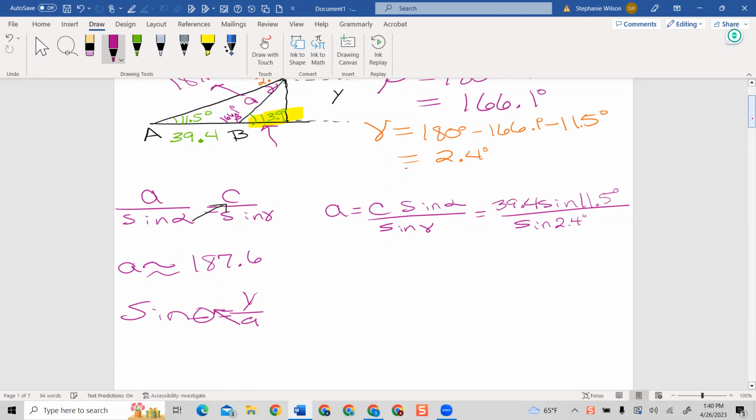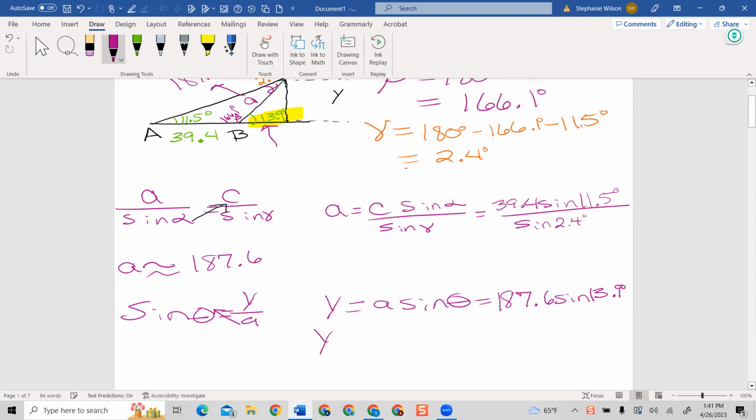I'm going to cross multiply because I'm solving for y. So y is equal to A times sine of the angle. Let me write this a little neater. I'm going to plug in what I know: for A, I got 187.6, and the angle given there is 13.9 degrees.